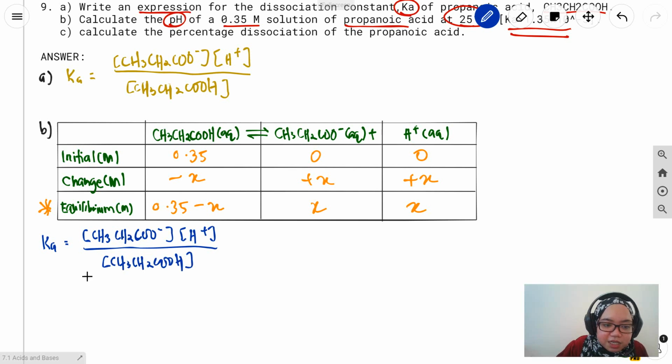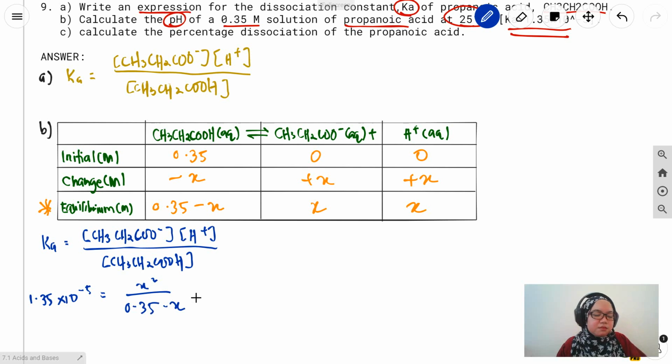So, which is actually equals to, so KA dekat sini dia equals to berapa tadi? 1.35, betul? So, KA is actually 1.35 times 10 to the power of negative 5. So, kat sini, at equilibrium, x squared divided by 0.35 minus x.